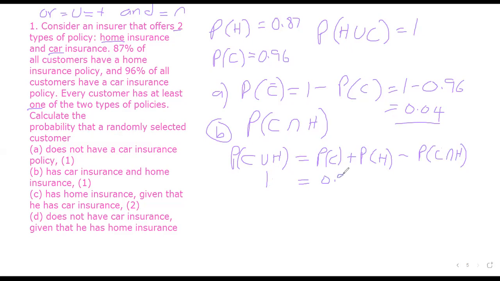0.96. And the probability of H, 0.87. We are looking for the intersection, right? The intersection is the subject of the formula. So when the union comes to this side, it will be positive.